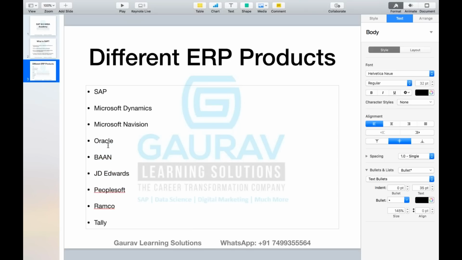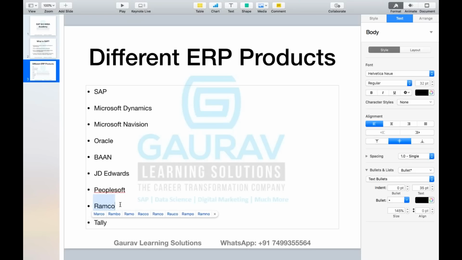Within Oracle apps, it includes some of the functionalities of BAN and some of the functionalities of PeopleSoft. That is the reason nowadays BAN and JD Edwards are like history. Although some companies are still using them, it is not as much as it was 25-30 years back.